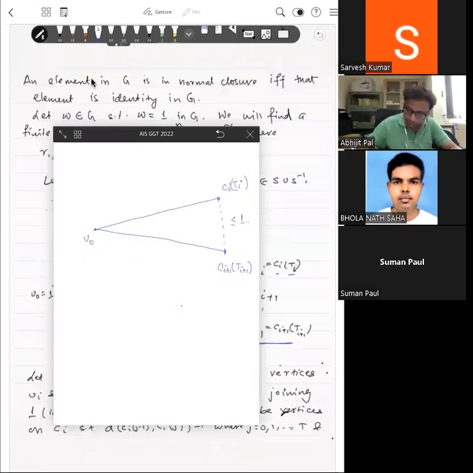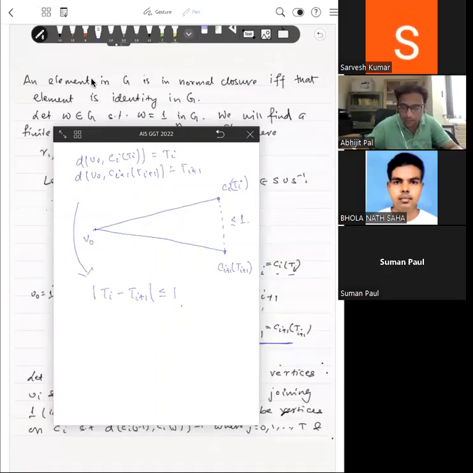Let us assume Ti is taken such that this distance is exactly Ti, and this distance is Ti plus 1. Because this is less than or equal to 1, can I conclude that the modulus of Ti minus the modulus of Ti plus 1 is less than or equal to 1?